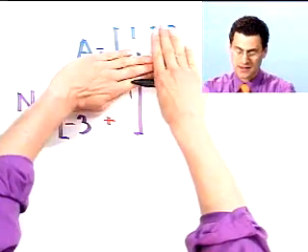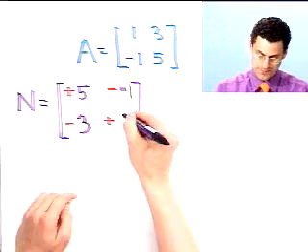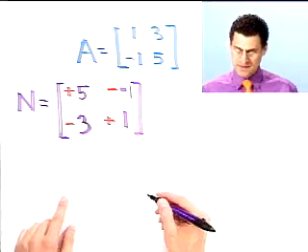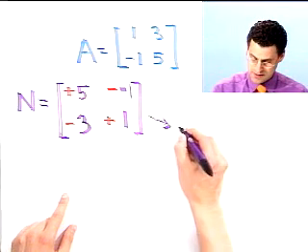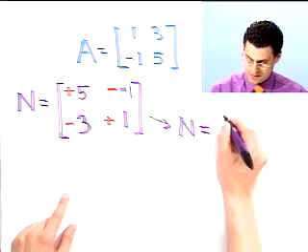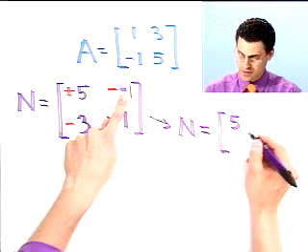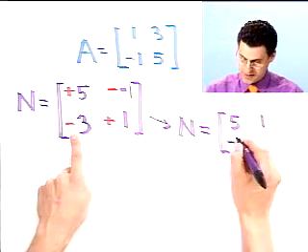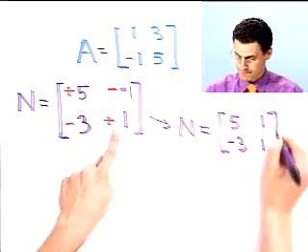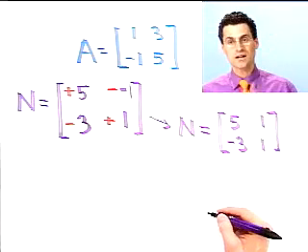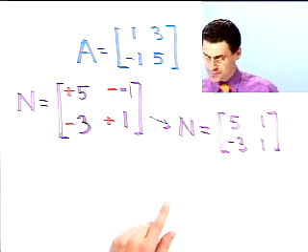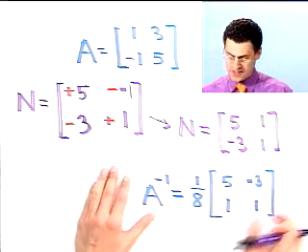I block out that space, I see a 1, and I write in a 1. So if you write this out, this new matrix is the matrix 5, 1, minus 3, 1. Now, notice that that's actually pretty close to the actual inverse.